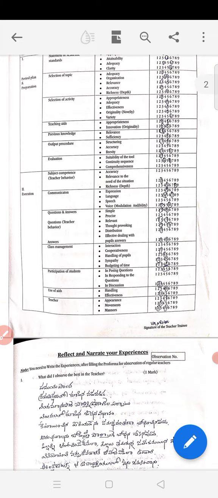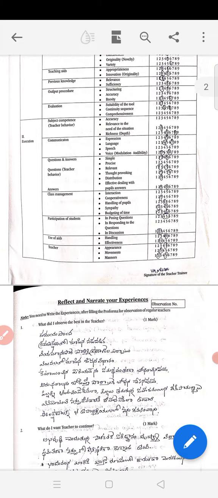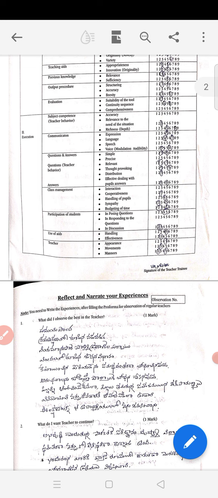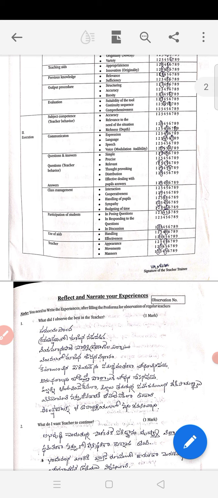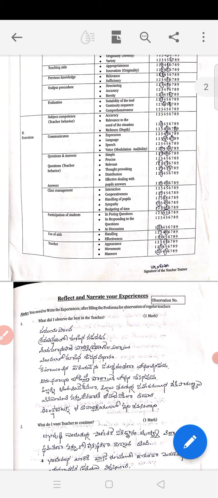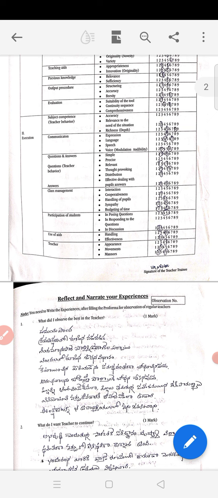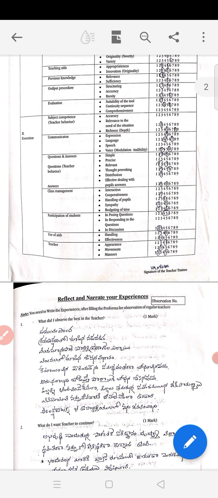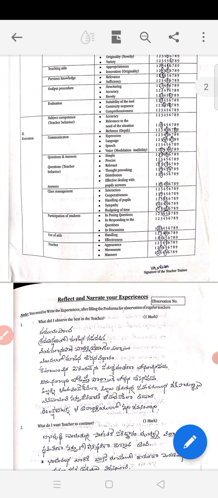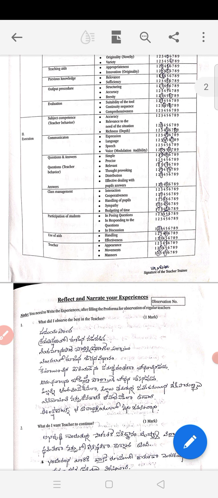Next, questions and answers. Questions, teacher behavior, answers. Here, whether questions are simple or difficult, precise, meaning in a short manner or not, and relevant according to the topic or not. Thought provoking means that whenever the teacher asks a question in the classroom, whether that question develops the thought process in the minds of the children or not.